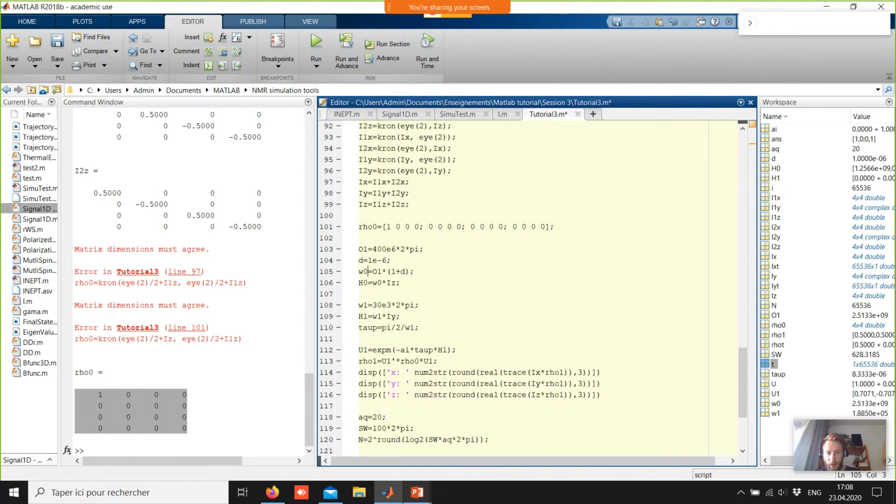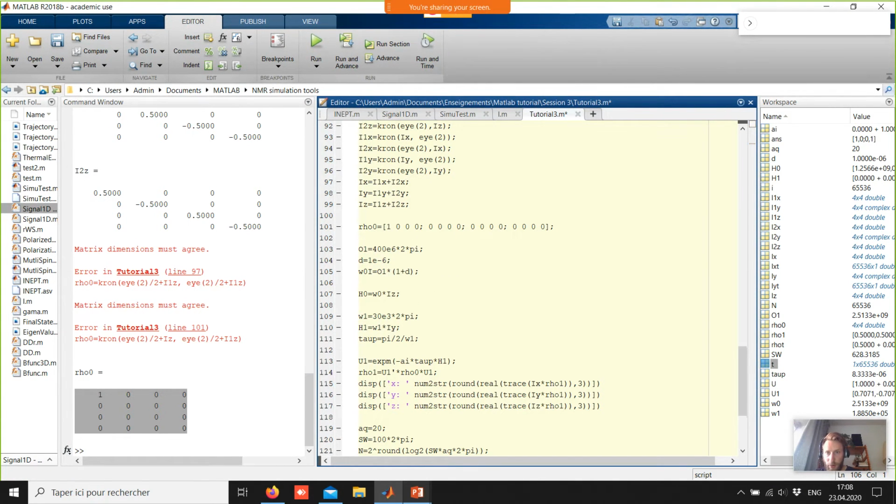Now I will call it omega I and omega S, or to be consistent, let's call it I12 and I11, 0. You get it. And now let's say that the Larmor frequency of the second spin is divided by 4.